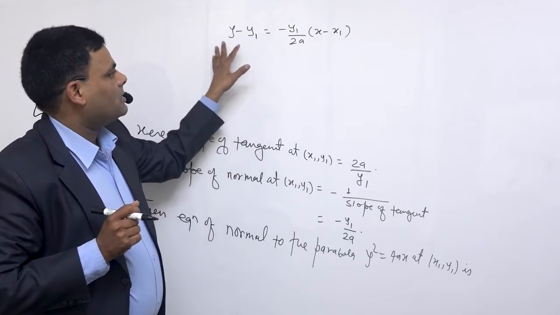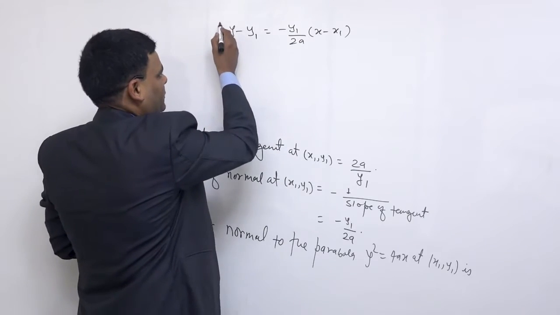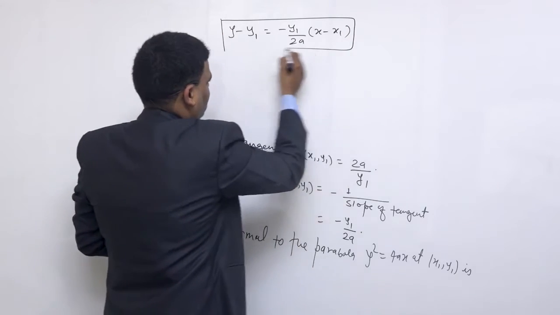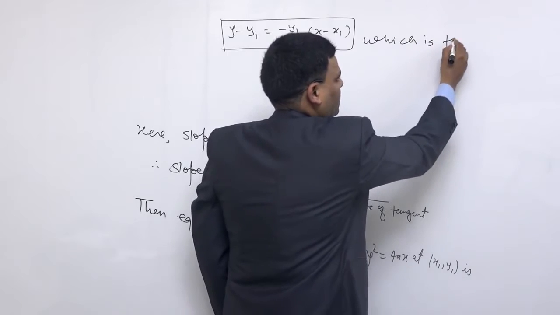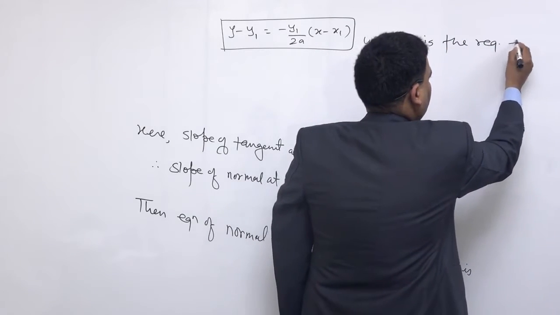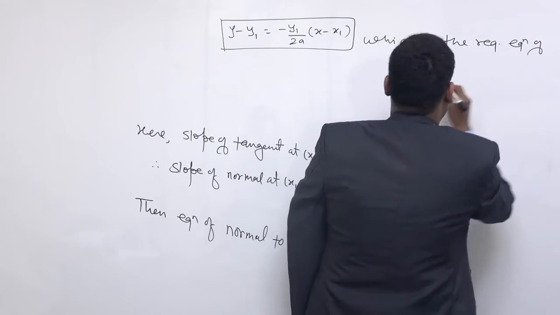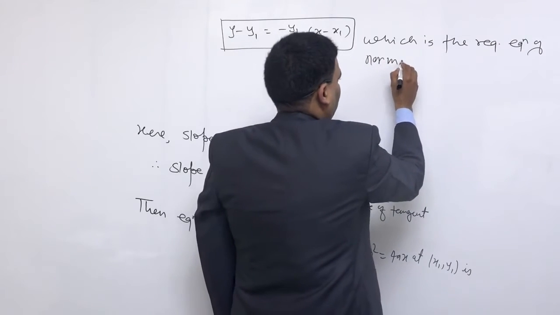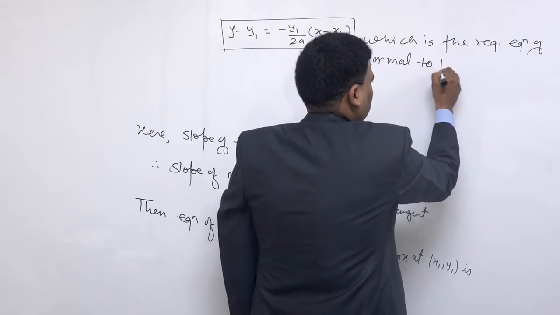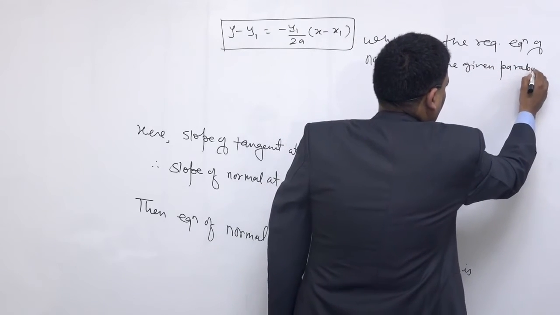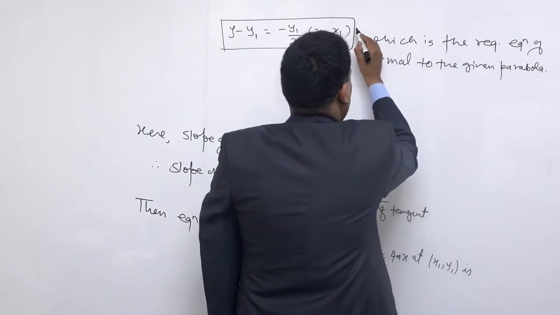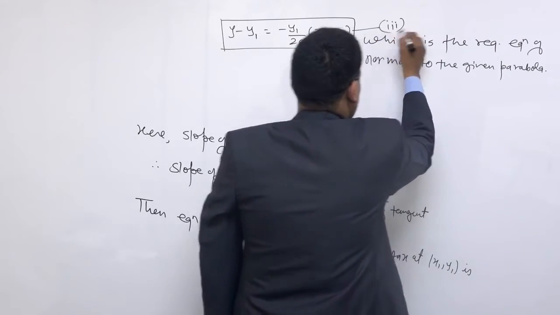So this is the required equation of normal, which is the required equation of normal to the given parabola. Let it be the equation 3.